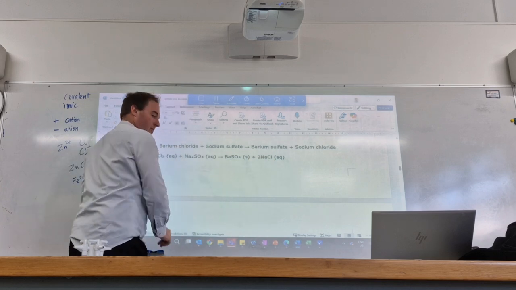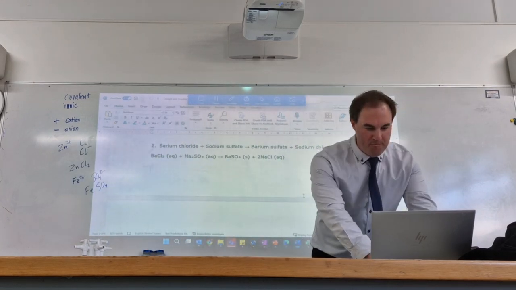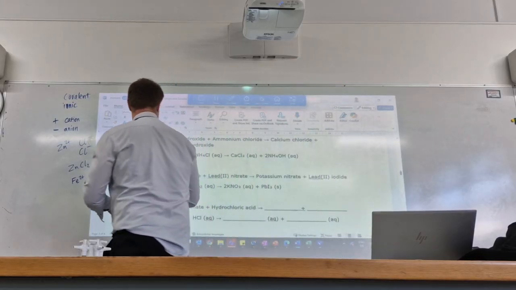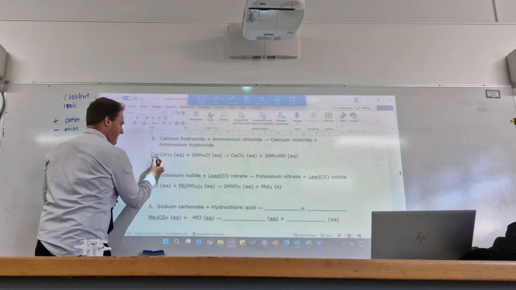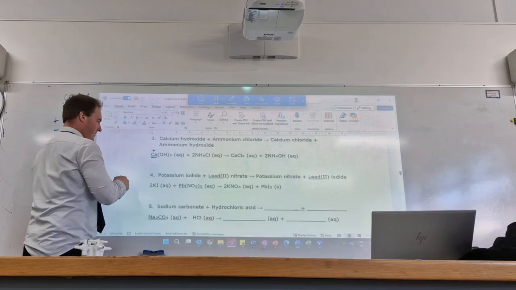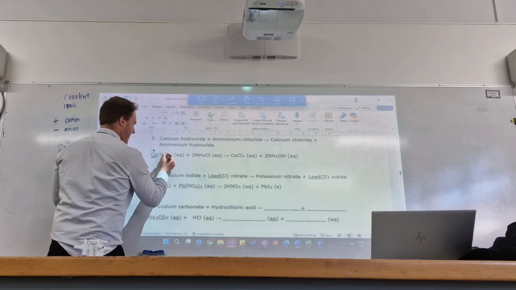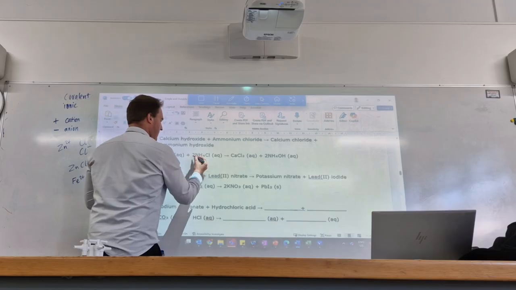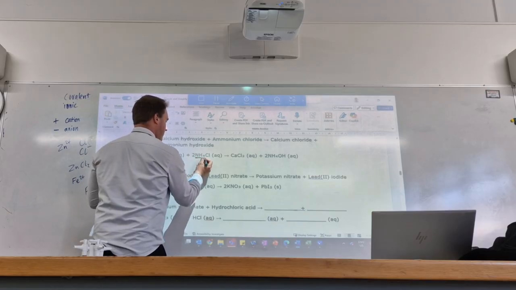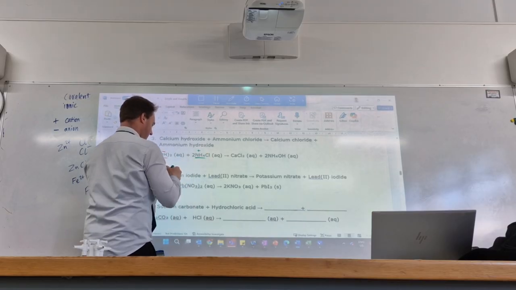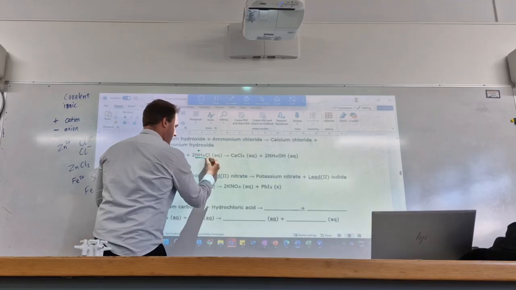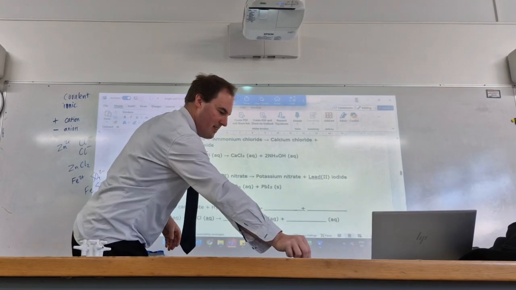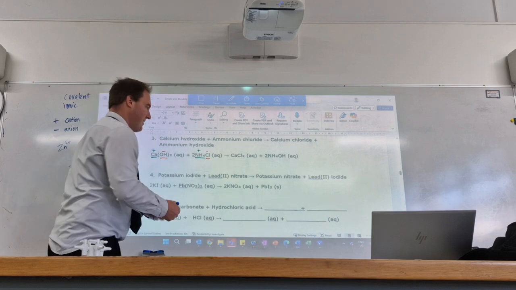Okay, I'll do one more of these. So we've got calcium as our cation, hydroxide as our anion, and we've got NH4, which is ammonium, that's our cation, and we've got chloride, which is our anion. So let's have a look at what happens here. Remember, everyone's changing partners.